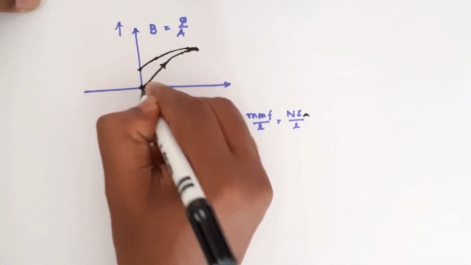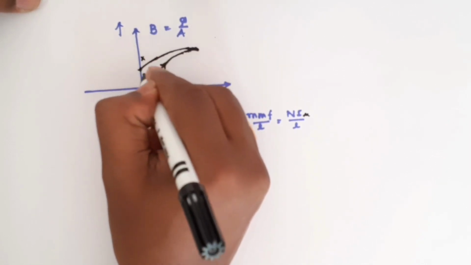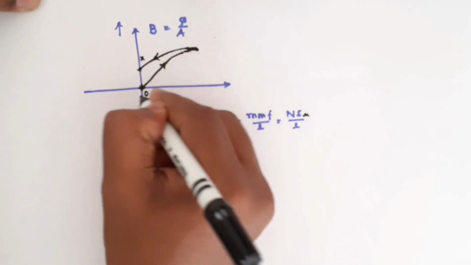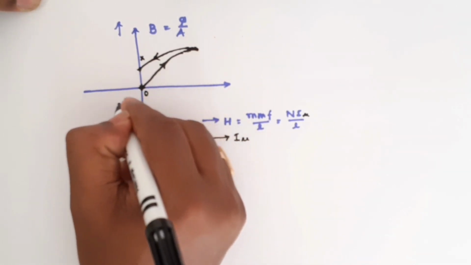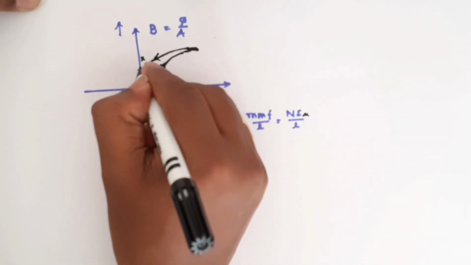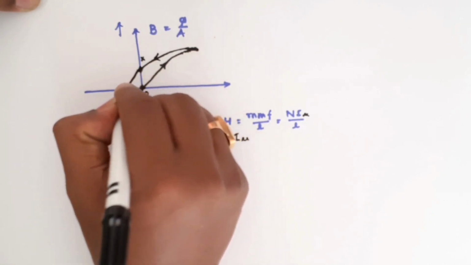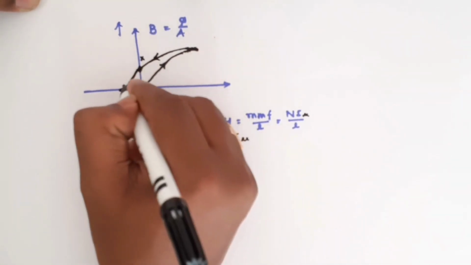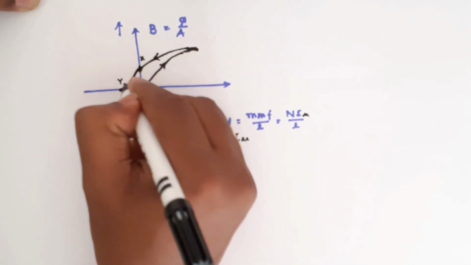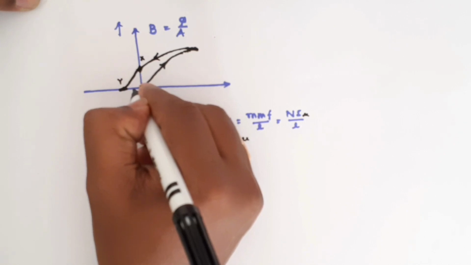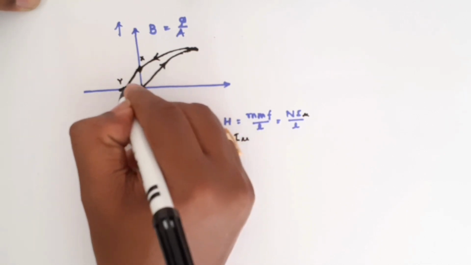If this is the O, this is the X, OX is the residual flux. If I further decrease the current in the reverse direction, current direction is reverse now. Here at this point flux becomes 0. Suppose this is the Y, this point OY is called the coercive force, negative coercive force.